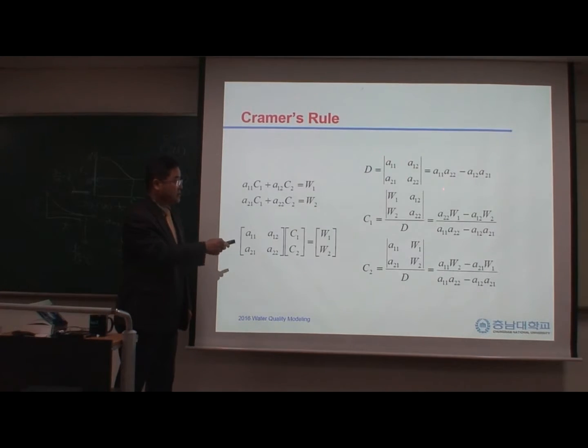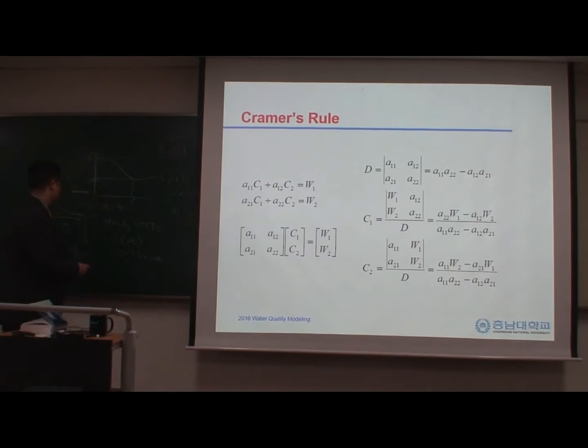So we calculate this and minus this. We calculate this right here and minus this. So this is your C1, okay? And same for C2. For C2, we will replace A12, A22, in other words, the second column, with this right-hand side vector, and then do the same.